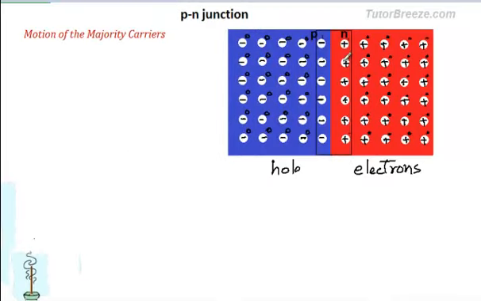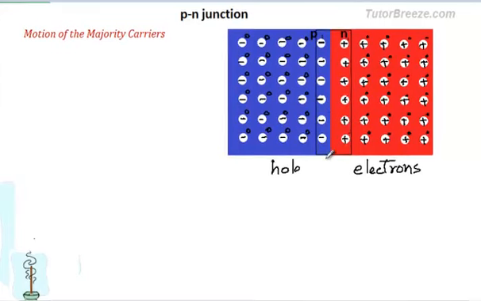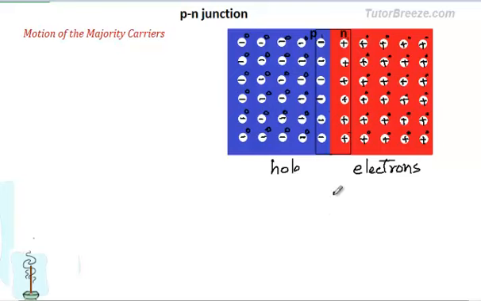So what you see now is a layer of charges which is building up close to the junction. We can show this in this way. On the n side you can see that we have a positive potential, so we can show it as a positive potential, and on the p side we have a negative potential. So this is a negative potential. This is on the n side and this is on the p side.